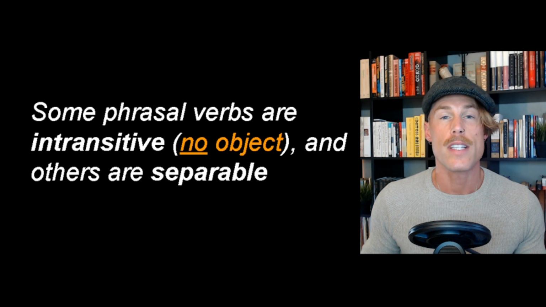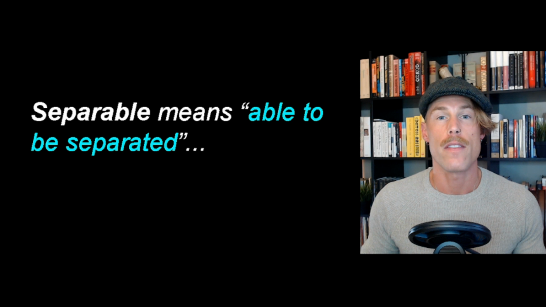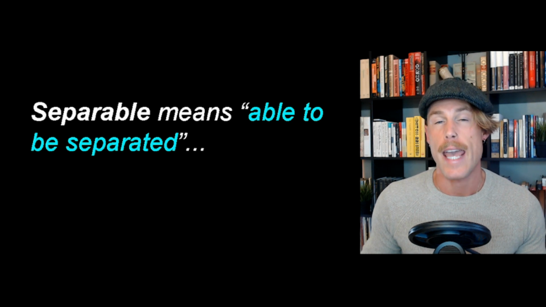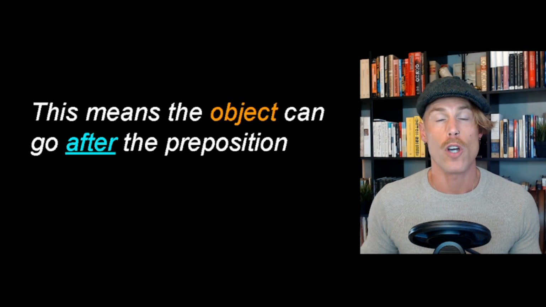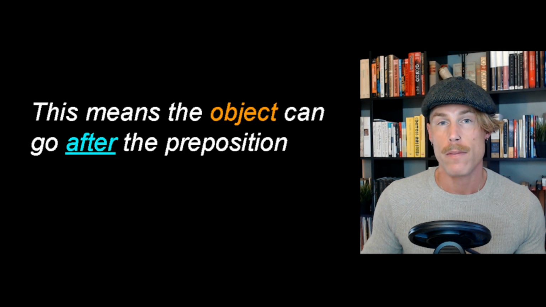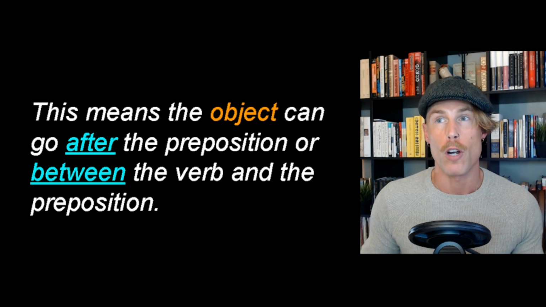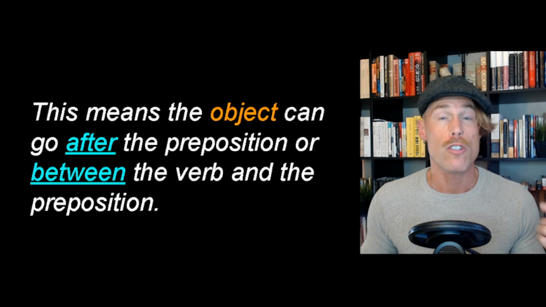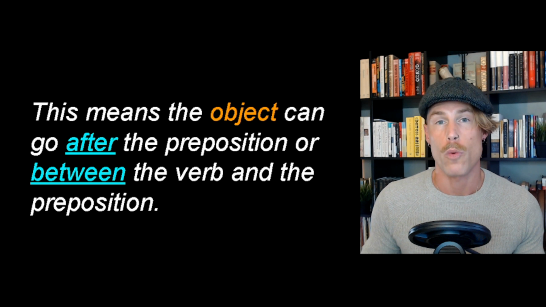This means they do take an object, and this object is able to be separated. So the object can go after the preposition, or the object can go between the verb and the preposition. Okay? So intransitive and separable. Look out for those words as we proceed.